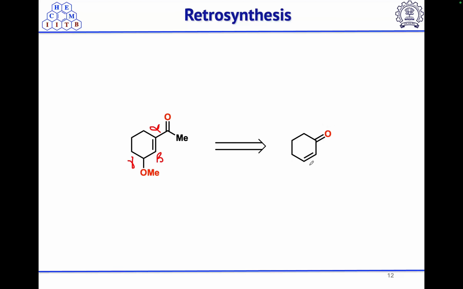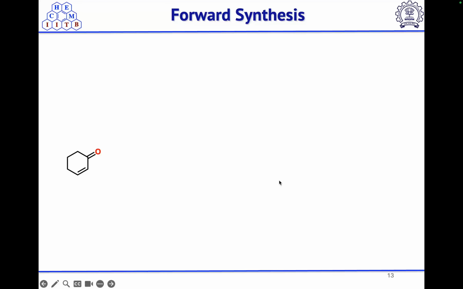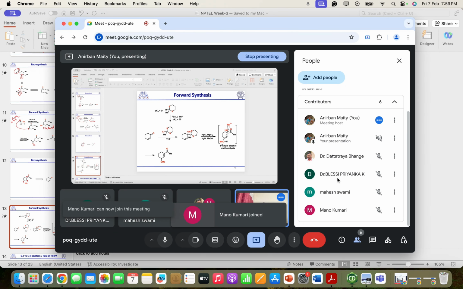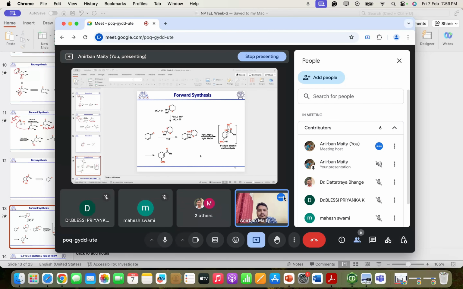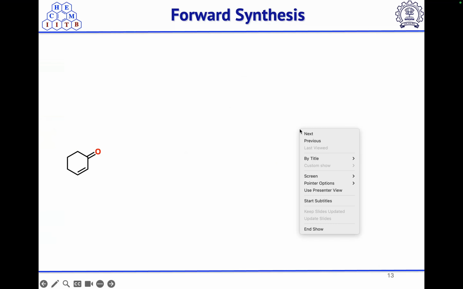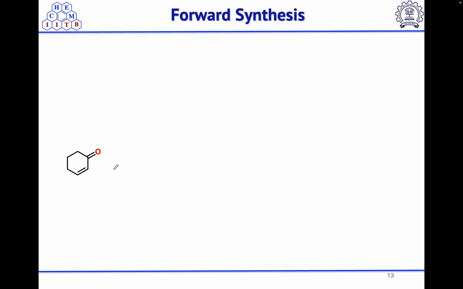Okay, so we'll plan the retrosynthetic analysis or forward synthesis from this alpha beta unsaturated cyclohexenone. So this is basically cyclohexenone. How can we plan? We will see in forward synthesis.